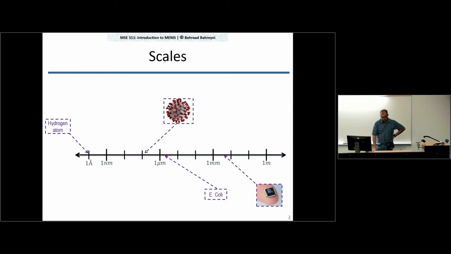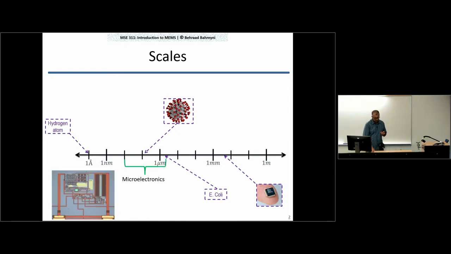Now, the coronavirus, the familiar foe over the past year or so, is about 100 nanometers in diameter. The microelectronic systems, the transistors and then circuits based on transistors that you learned about in your 251 course, the integrated circuits: the typical dimensions are about 10 nanometers for your transistors all the way to maybe a few micrometers per transistor.